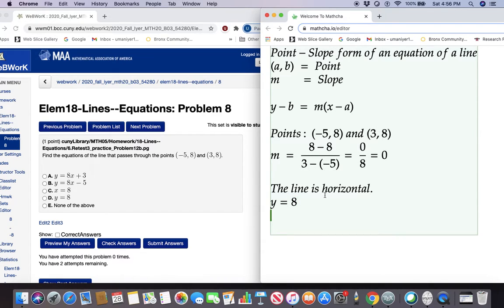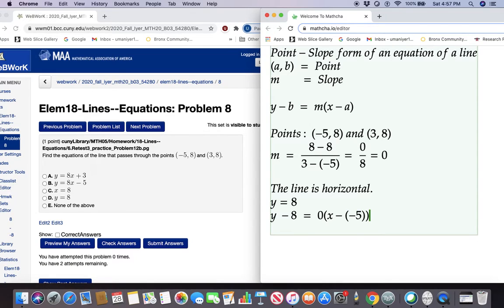But if you don't recognize that a horizontal line should look like y equals the same number, the y coordinate, you can use your standard approach. y minus y coordinate equals slope times x minus x coordinate.